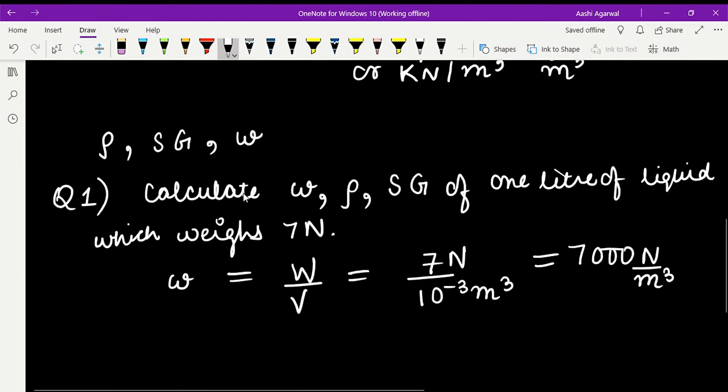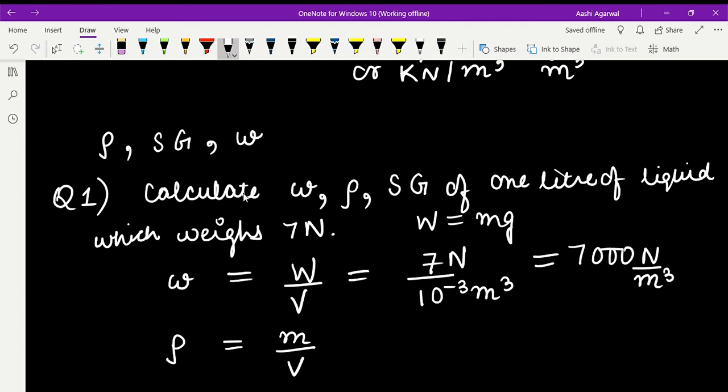Now quickly I'll find out the density also. Density is nothing but mass per unit volume, but mass is not given. Weight is given. So how can you find mass from weight? You know W is equal to mg. Basically W is force and m is the mass of that particular fluid. Whatever force that mass is exerting under the action of gravity, that is weight. So m will be W by g, and here V is there.